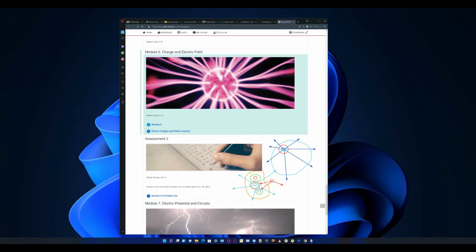Okay? But if it's a circle, the surface area element is always perpendicular to your electric field. Okay.